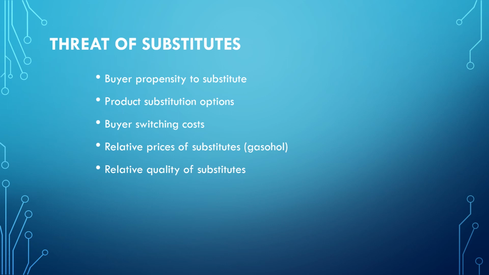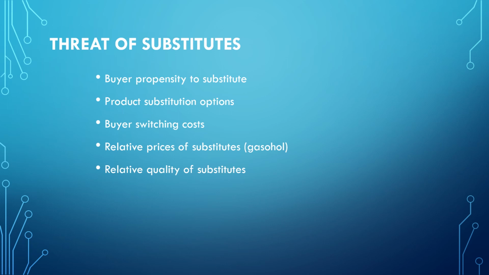On the other hand, gasohol was simply you put gasoline in your gas tank rather than regular gasoline. You put gasohol in. And so there was really no switching cost, at least not in the short run. In the long run, it turned out that ethanol was hard on certain kinds of plastic parts in your automobile. And of course, you all know that automobiles have a number of plastic parts associated with them.